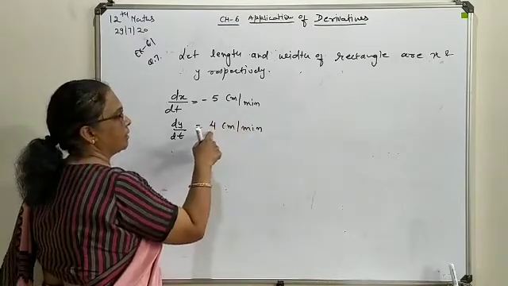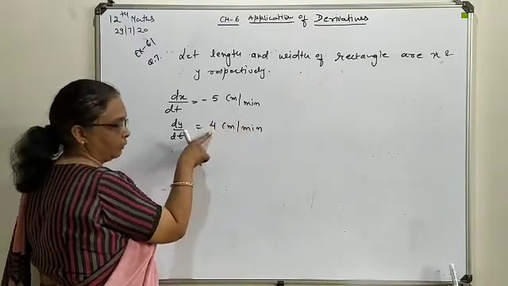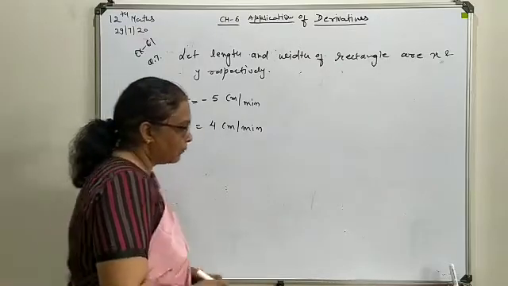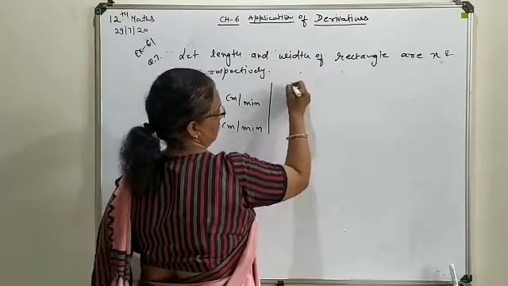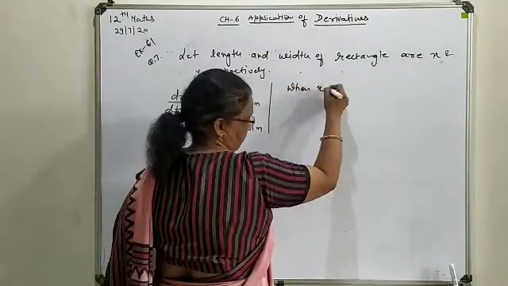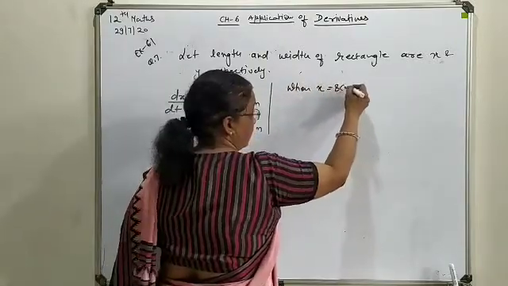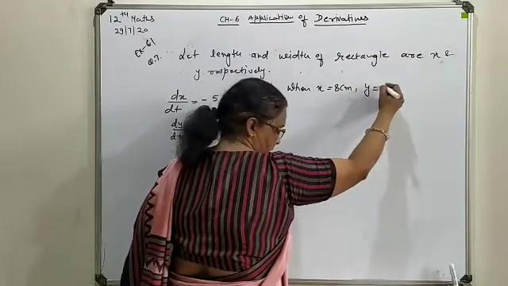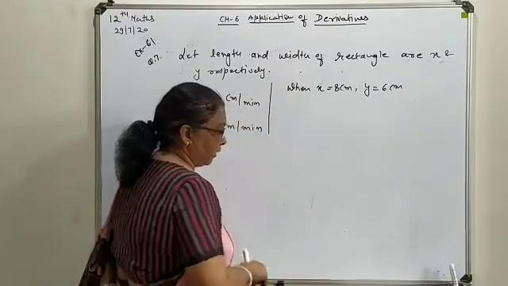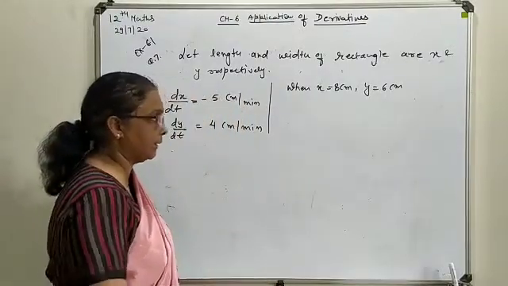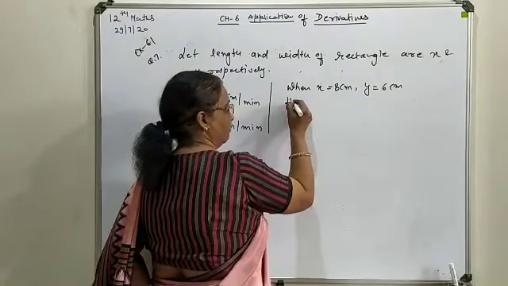As it is increasing, we will select a positive sign over here. Now, when x is 8 centimeter and y is 6 centimeter, we have to find out the rate of change of perimeter and area.